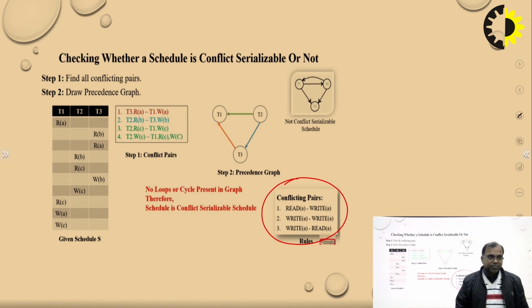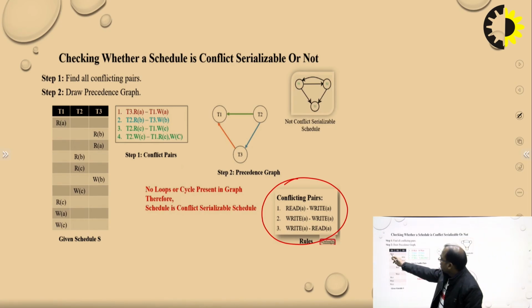Remember this also. So the first step is to find all the conflicting pairs in the given schedule. So let's try the first step.